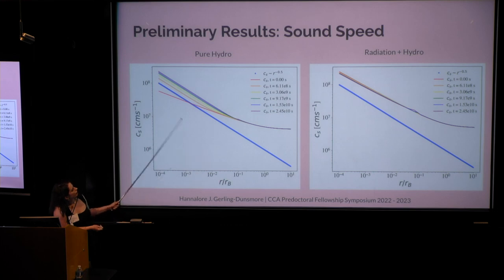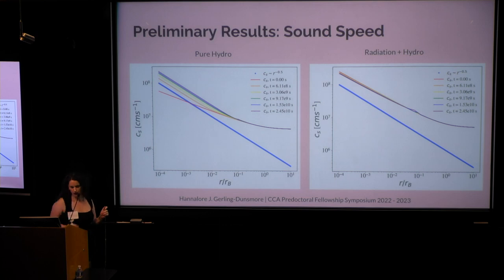And you can see that we are matching that well. And you can right away see that there's a difference where in the case with radiation hydro, our sound speed is much more consistent through time, whereas the pure hydro run has to get moving up to where the radiation hydro run ultimately ends up. So that's kind of interesting.